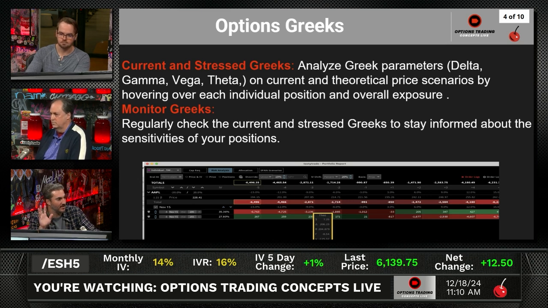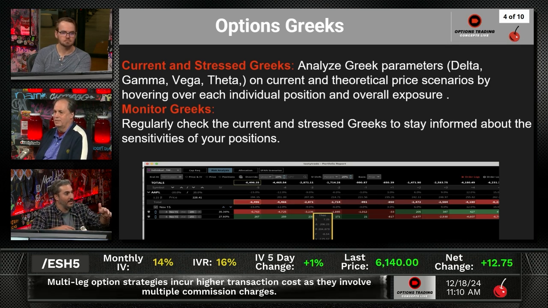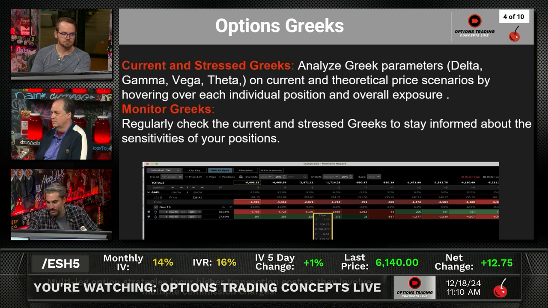So your delta, theta, vega, it'll show you how all of your positions change in those situations. So by hovering over your specific position, step, right? You call them steps. Like each of these, you'll see the 1, 2, 3, 4, and 5 at the top.